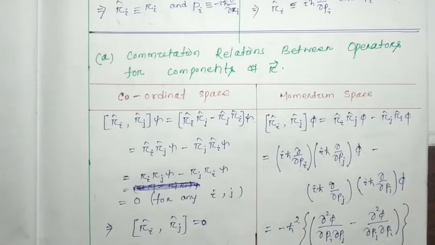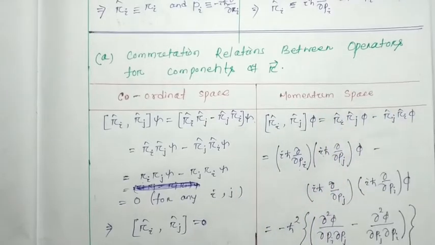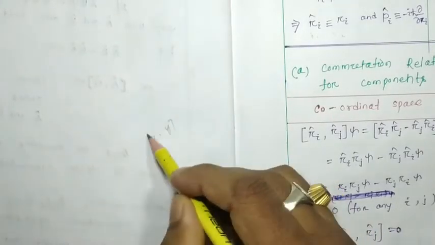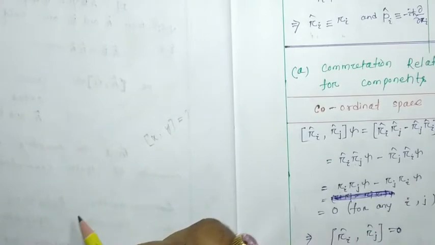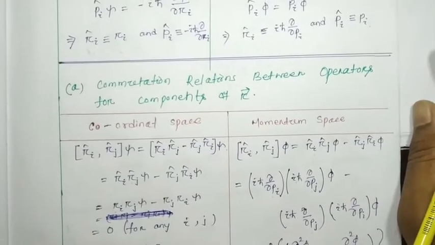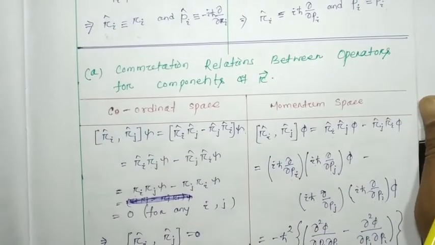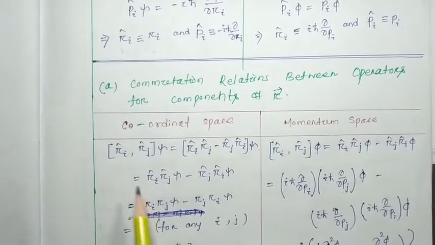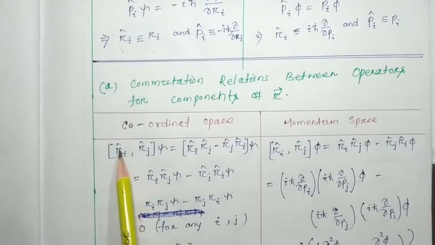If we have to consider the commutators of the components, suppose the xy commutation will be how much, that we are going to find out over here.